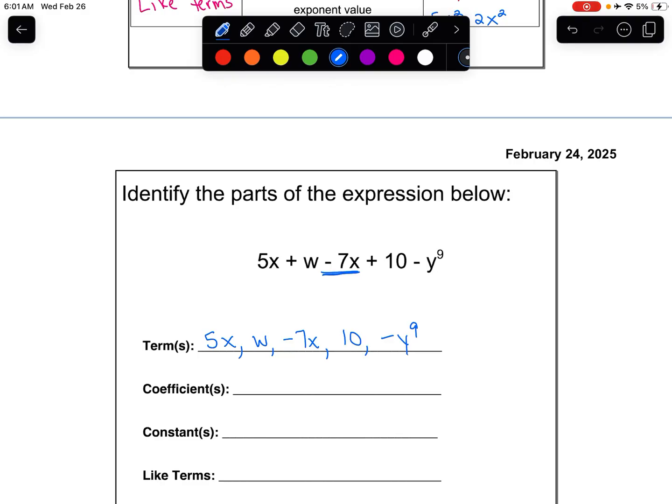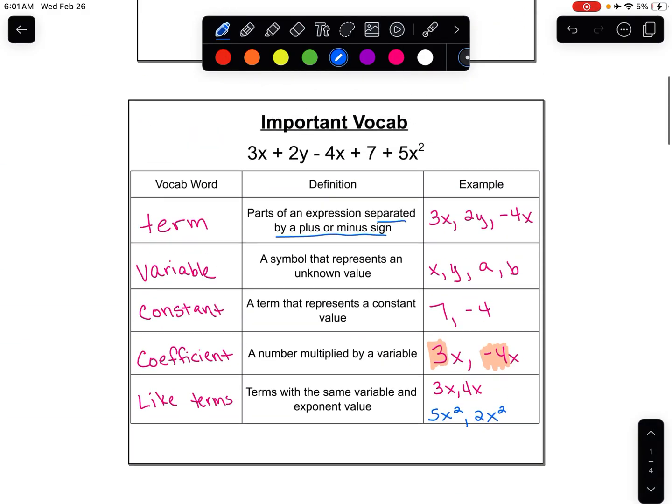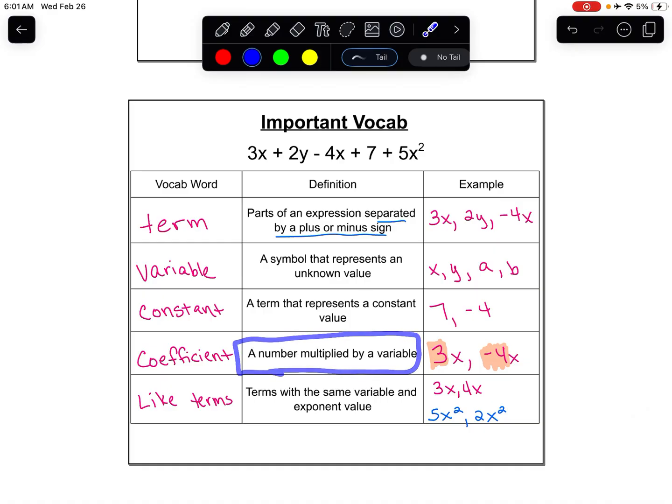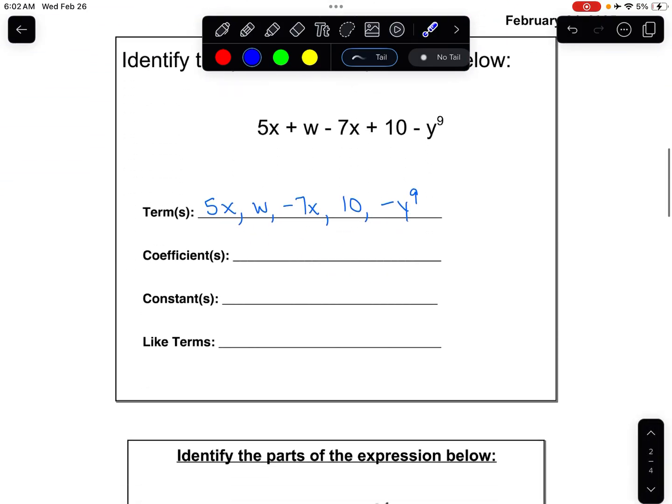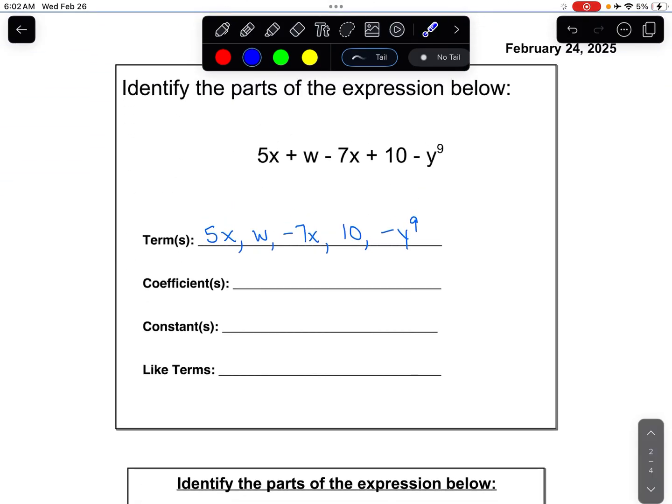All right, so now we're going to talk about our coefficients. And if we go back up here, a coefficient is a number multiplied by a variable. So it's the number in front of a variable. It does not include the variable. When we look over here, we have a 5.